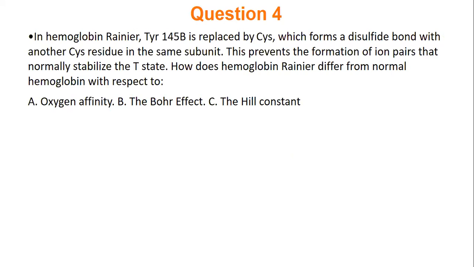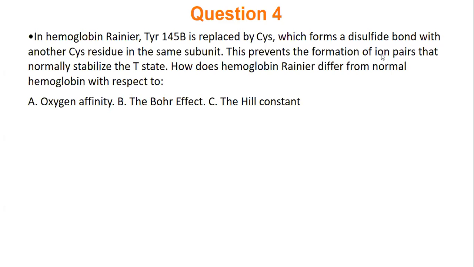So we have a mutant disulfide bond. This mutant disulfide bond prevents the formation of ion pairs that normally stabilize the T state. So how does Rainier differ from normal hemoglobin with respect to oxygen affinity, Bohr effect, and the Hill constant?